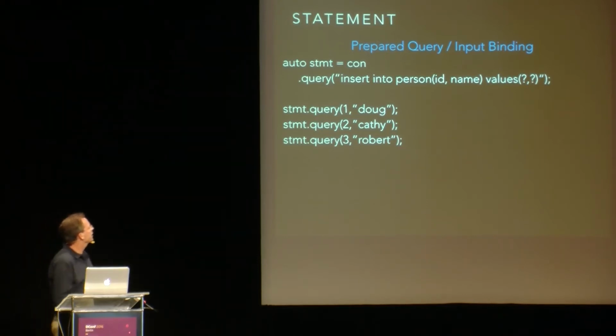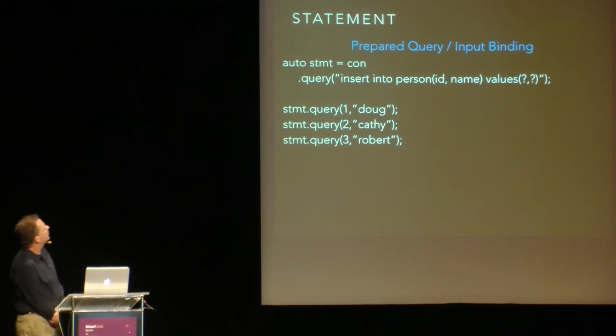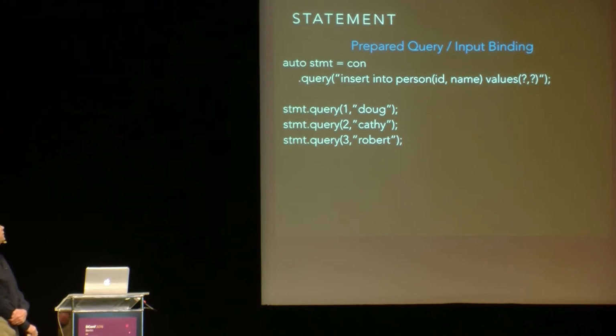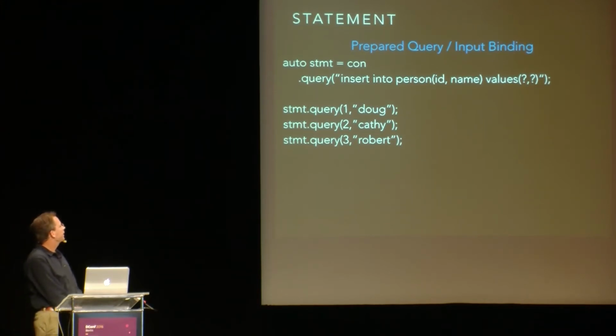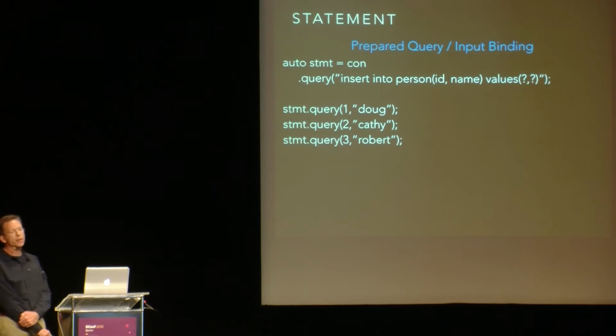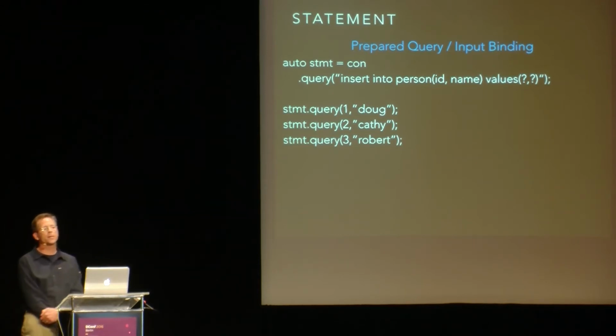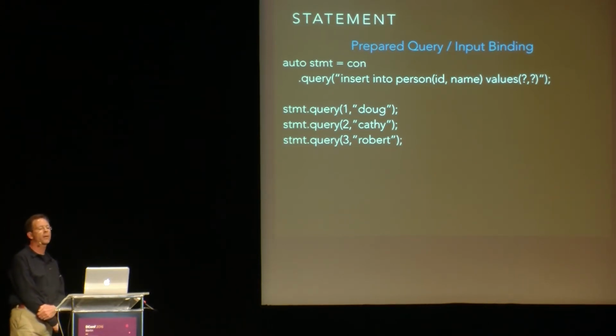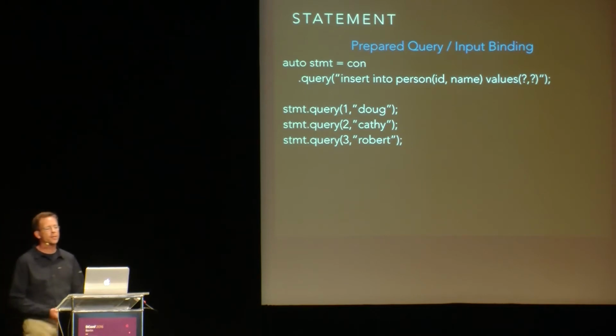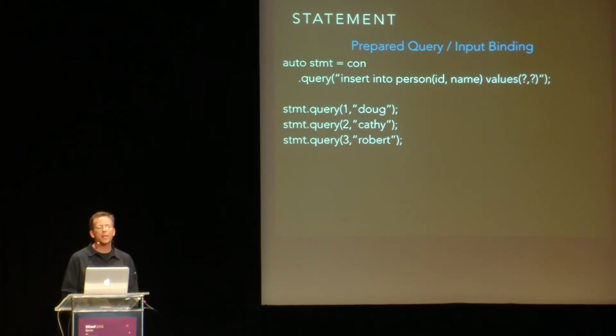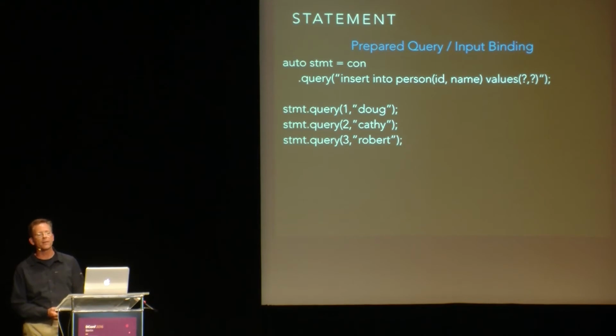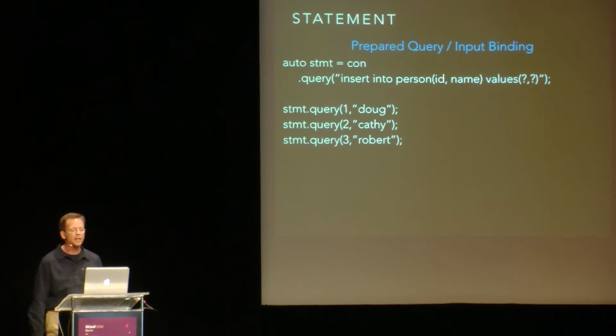This is a statement object. Its responsibility is to handle prepared queries and input binding. So a prepared query is one where you send a query to the server once, and then you repeatedly issue parameters over and over. So this is an optimization. What's happening here is that you're saving the cost of having to send the query repeatedly to the server where it gets parsed.